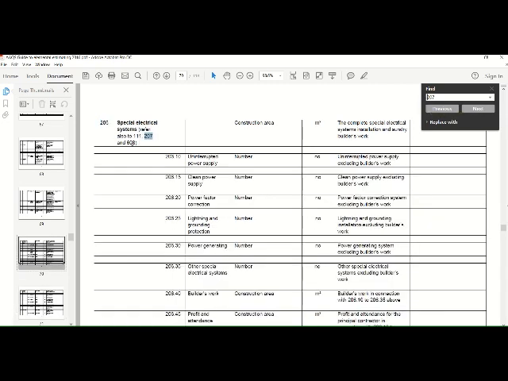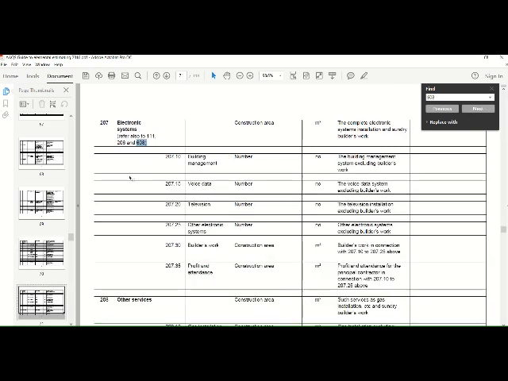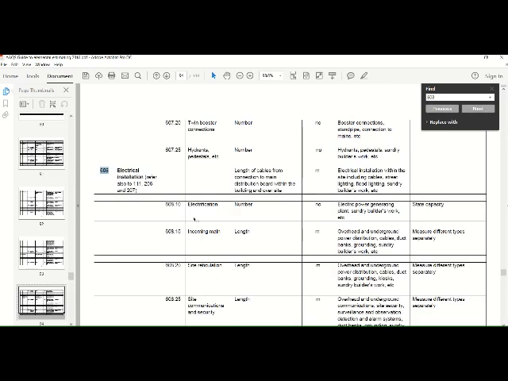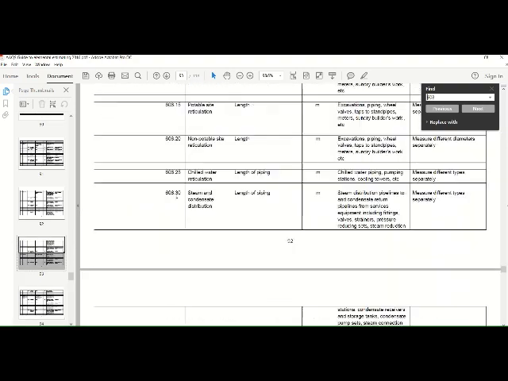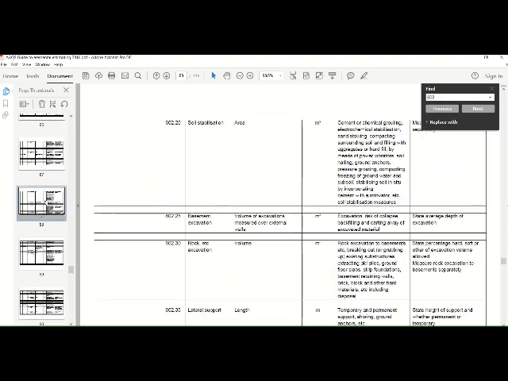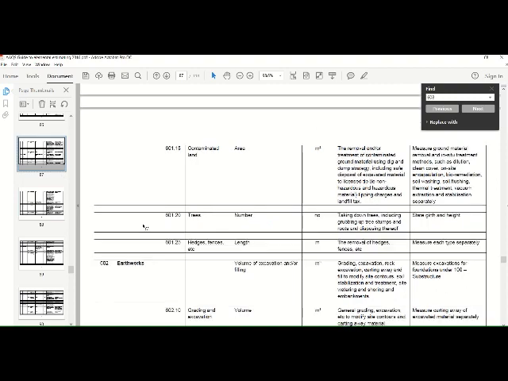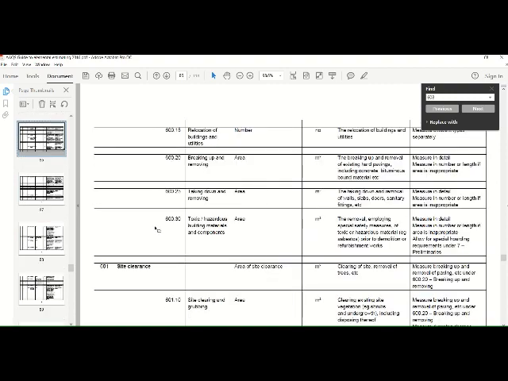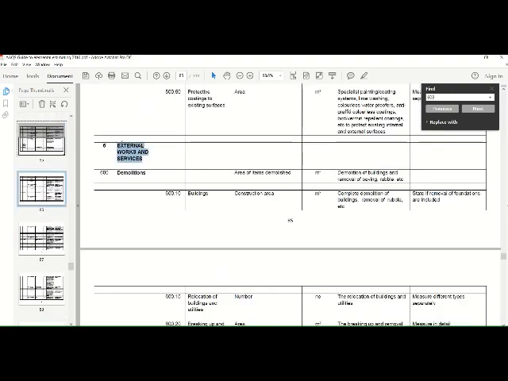And then the other one that we need to look at is 608. Is 608. And then you go to 608. Your electrical installation. So this is your external works. It falls underneath 6, so it's in your external works.